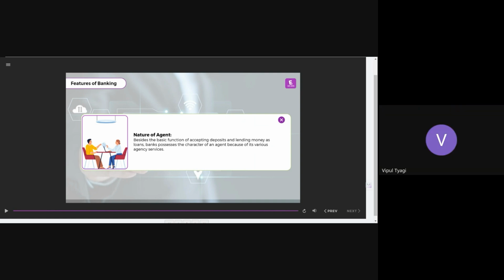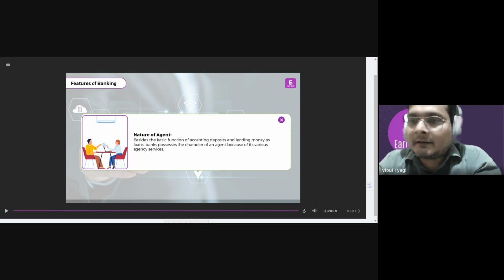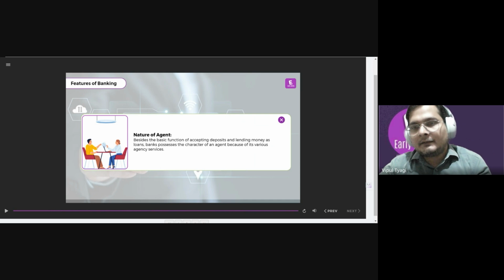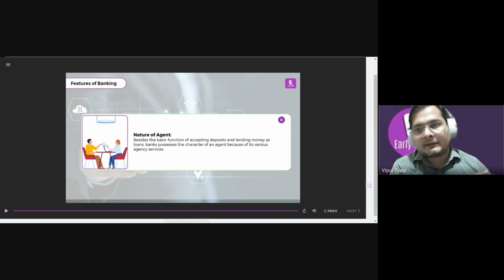Nature of agent means that the bank works as an intermediary between depositors and borrowers, and an intermediary is the same as an agent, someone who works between two parties, a middleman. They give services to two parties, to depositors as well as to borrowers, so they act as an agent and give several agency services.